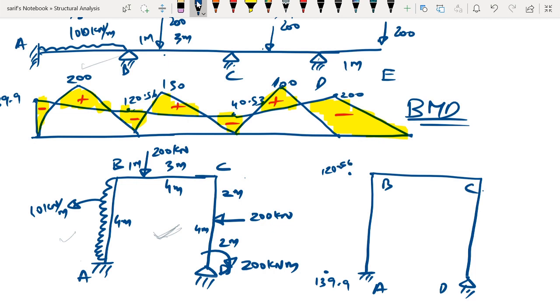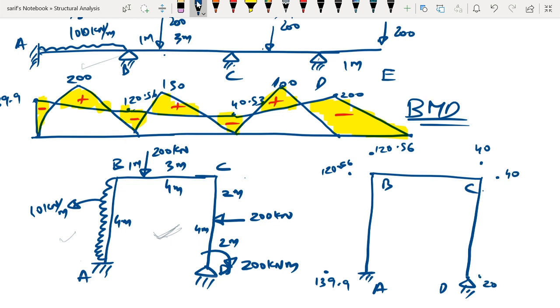Since we are having a change of direction, we will also have to mark a 120 here also. At C we are having 40, so we will mark a 40 here. Since we are having a change of direction, we will mark a 40 here also, and it was 20 here, so this is 20.